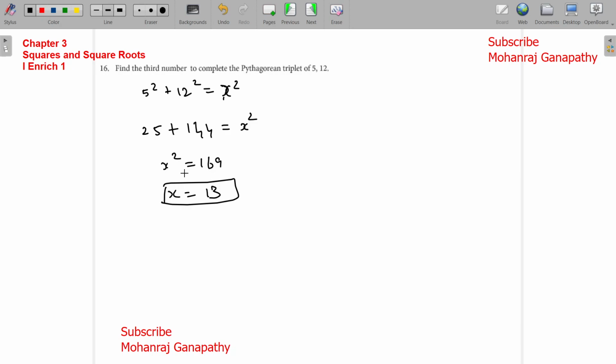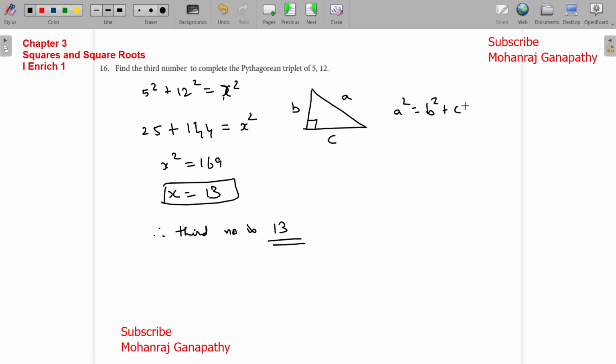So the third number is 13. By Pythagoras theorem we apply: hypotenuse square is equal to sum of squares of other two sides. Like a right angle triangle with sides A, B, C: A square equal to B square plus C square. We have substituted this directly.